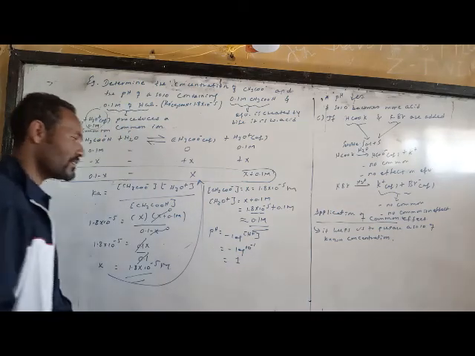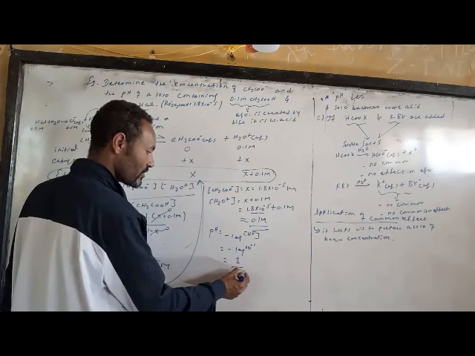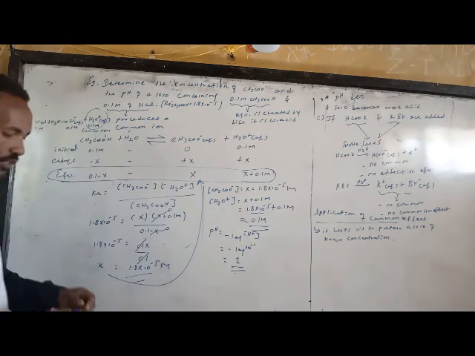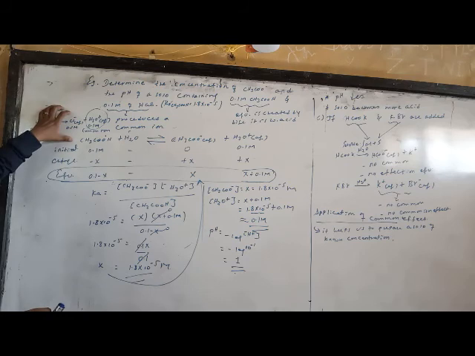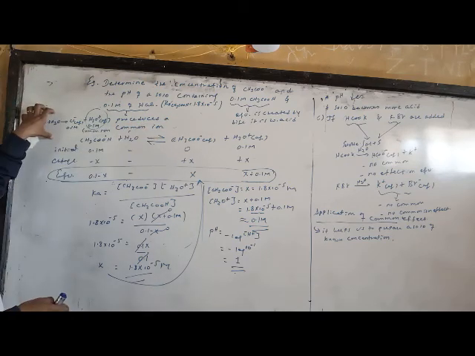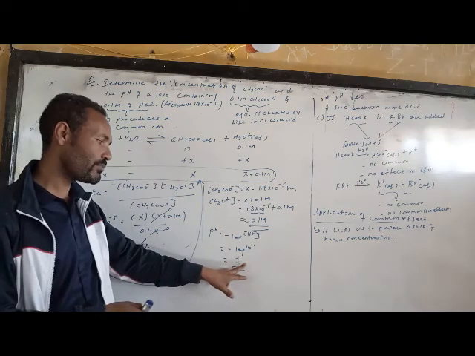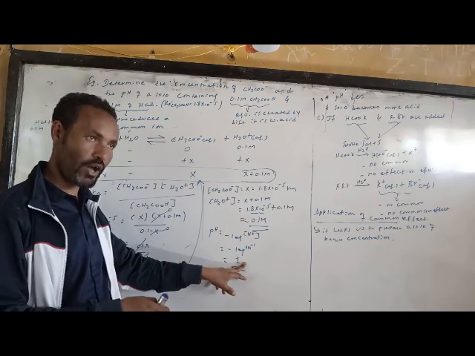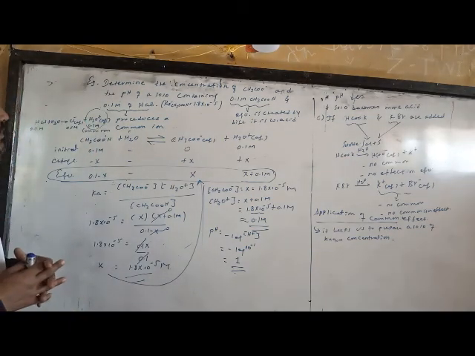So this is the pH of the solution after the addition of the common ion. So it is expected that if this common ion is not added to this chemical equilibrium, the pH is expected to be greater than 1, or it becomes very large. So this is the reason behind it.